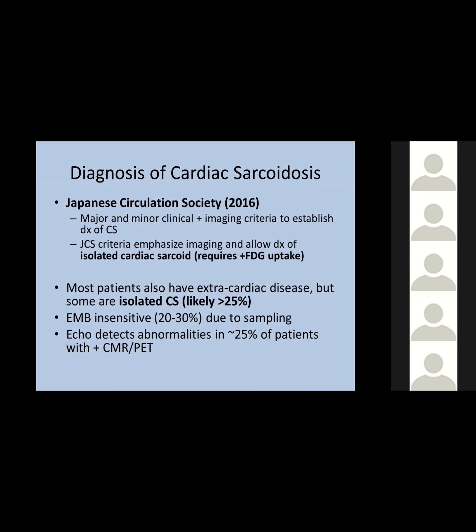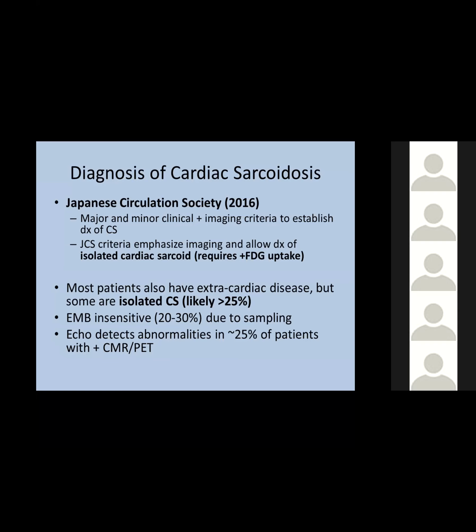It's actually about 25 to 30% of cases overall. And so biopsy is an option, but it's usually not done because it's relatively insensitive, just due to the patchy infiltrative nature of the disease. Sampling error is the issue with that.